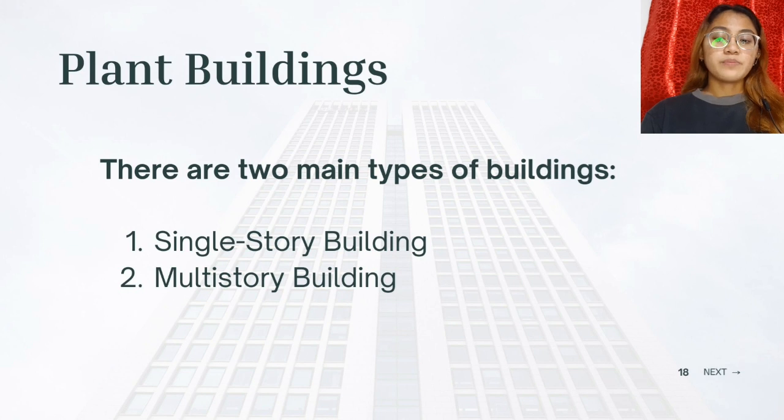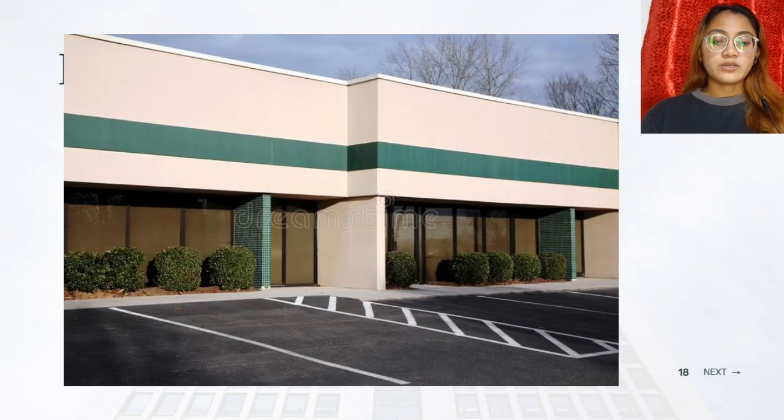So the next topic is regarding the plant buildings. There are two types of plant buildings. The first one is the single-story building. It has fewer columns and servicing equipment can be installed in overhead trusses that permit greater flexibility in terms of the plant layout.